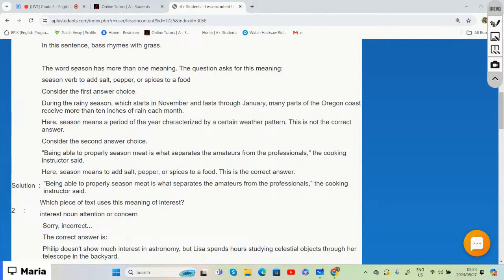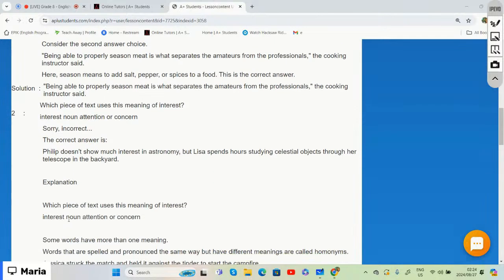So the question you need to ask yourself is, is season to add salt, pepper, or spices to your food, or do we talk about during rainy season, which starts in November and lasts through January? That is to do with seasons, meaning the period of the year, and we have four seasons, right?